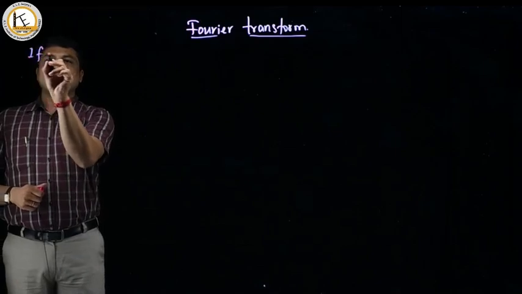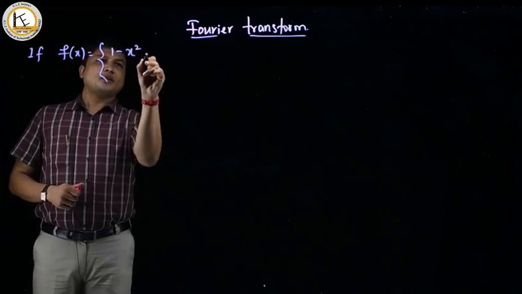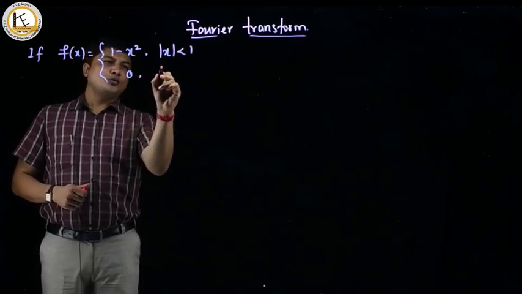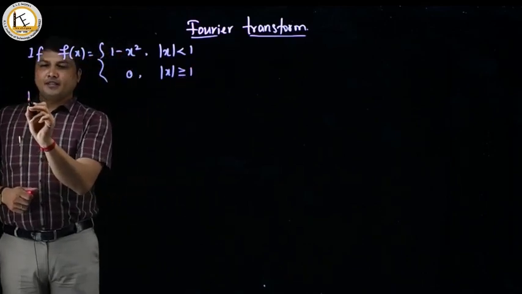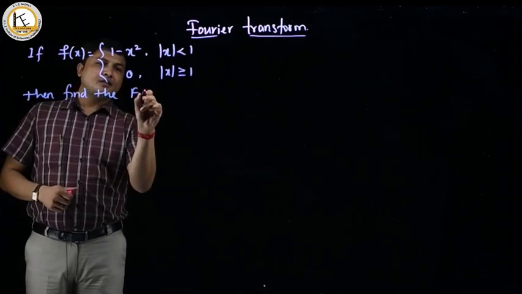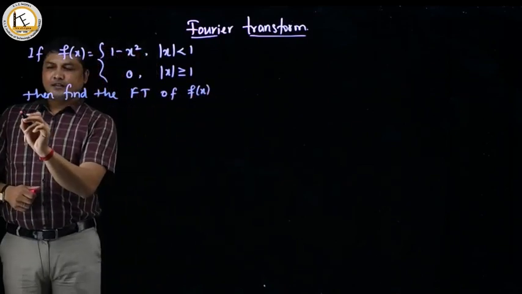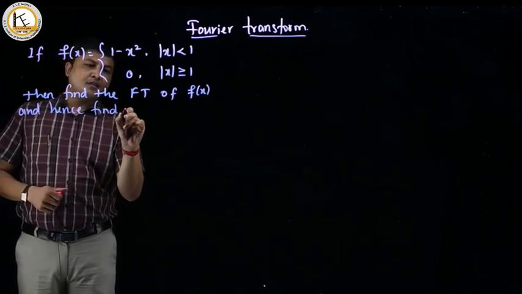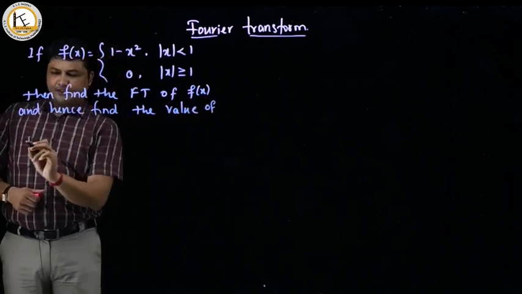If f of x is equal to 1 minus x square for mod x less than 1 and 0 for mod x greater than or equal to 1, then find the Fourier transform of f of x, and hence find the value of the integrals.